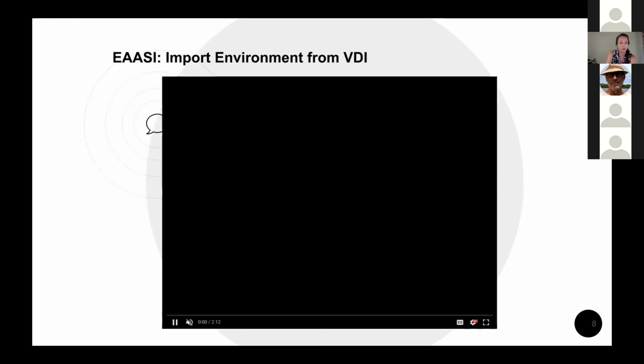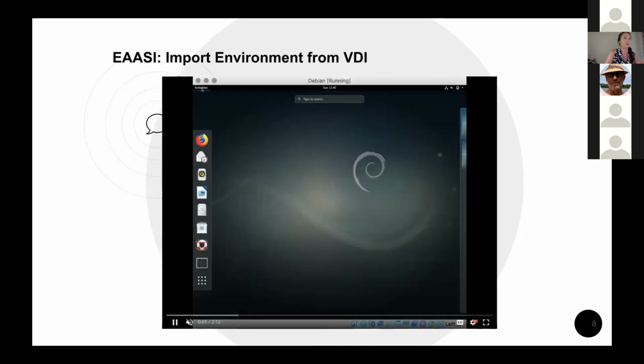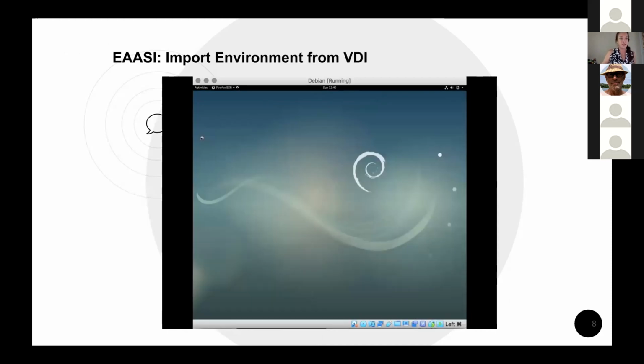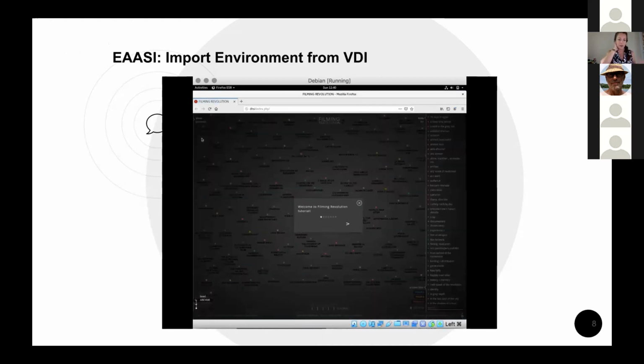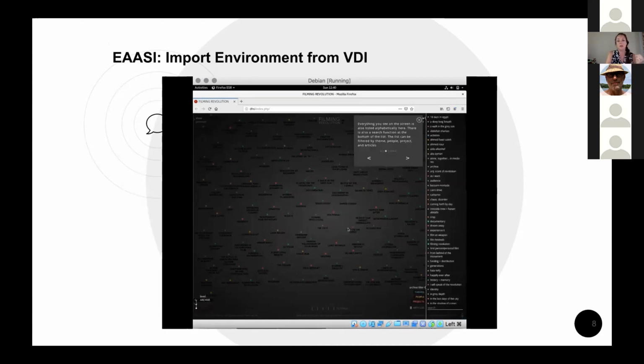Let's see. I'll just go ahead and let this run. It probably won't finish, but this is the VirtualBox, just a screencast of what the publication looks like in VirtualBox. If you compare this to what you saw just a few minutes ago with the live web version, it looks pretty similar.